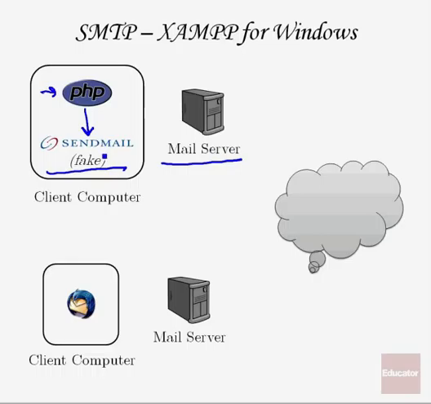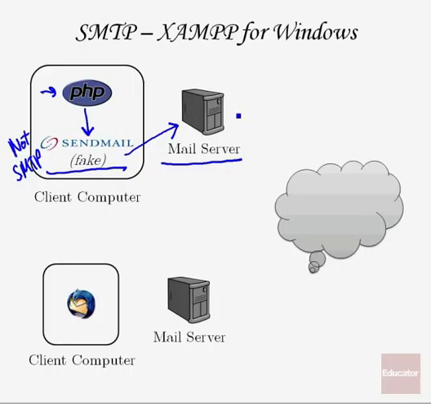And then what sendmail does, it's not an actual SMTP server. It's not an outgoing mail server like the real sendmail is. What it actually does is it still uses the local outgoing mail server on your network. But it allows you to configure it so that it can provide a username and password so it can authenticate.